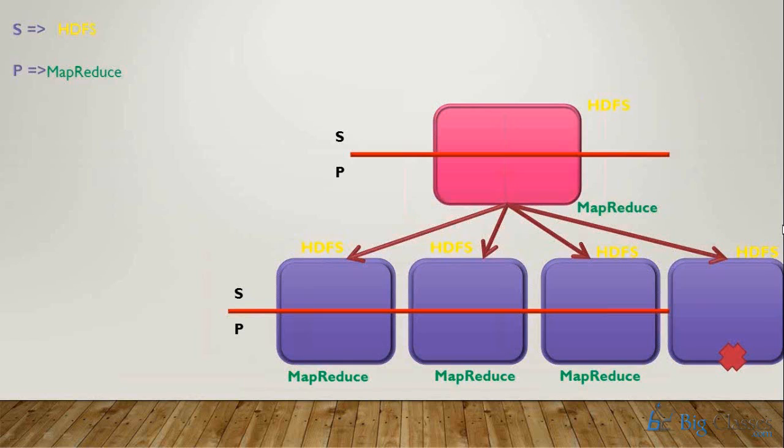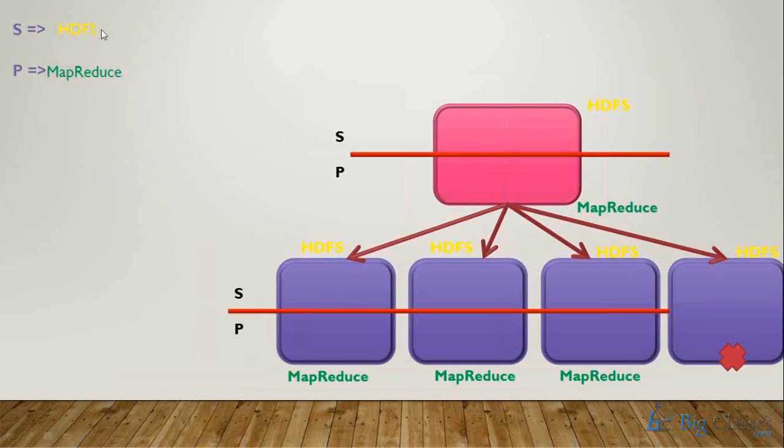The same thing here. When we are talking about HDFS, the master side we can have HDFS, slave side we can have HDFS. Both are performing the same job, same task. There is no use at all. We should have a separate name, because master HDFS, the role should be different. Slave HDFS, the role should be different.